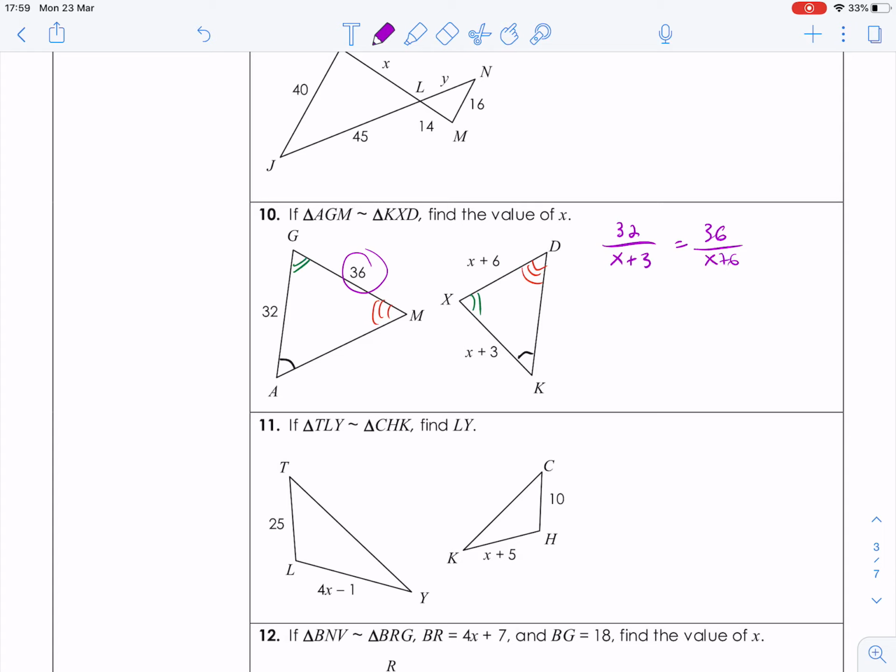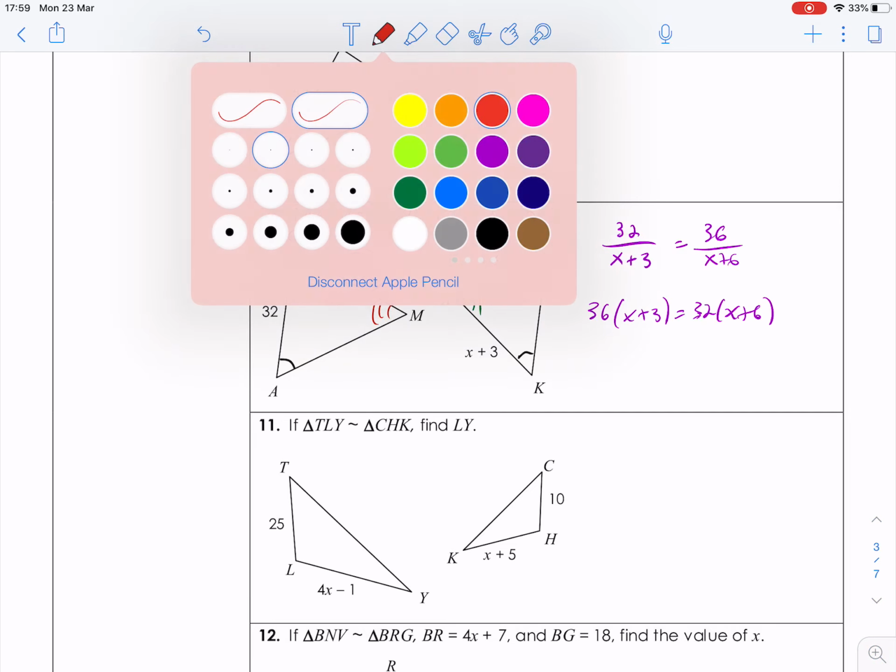Since we still have X in both of them, we could solve for this. We're going to have to cross multiply. We get 36 times X plus 3 equals 32 times X plus 6. It's going to be some distribution practice.